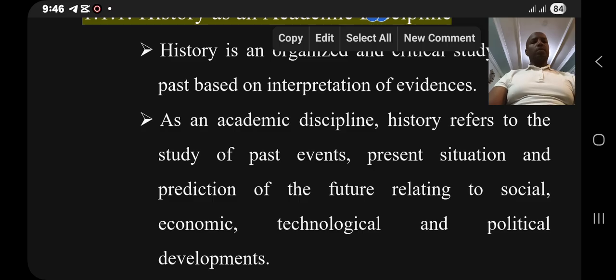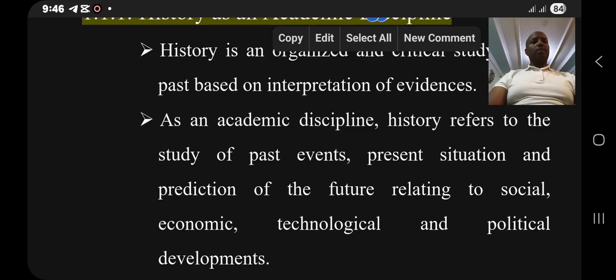Why? Because it raises many issues. One of the issues, as it was stated, history studies the past events and it may help us to understand the present situation. And sometimes history can predict the future relating to social, economic, technological, and political developments.